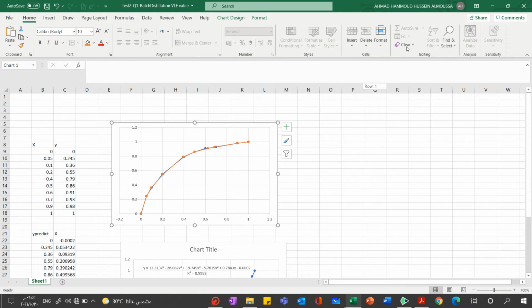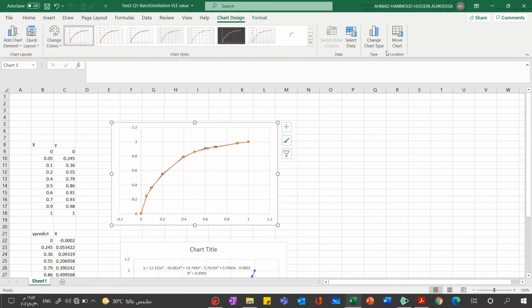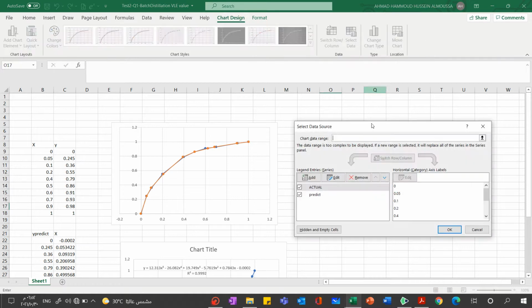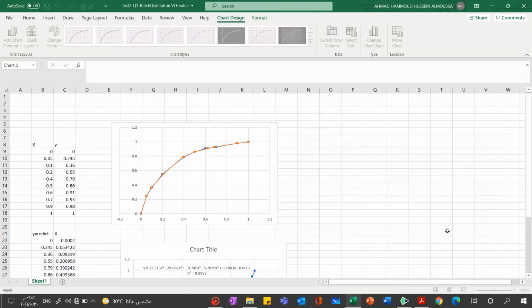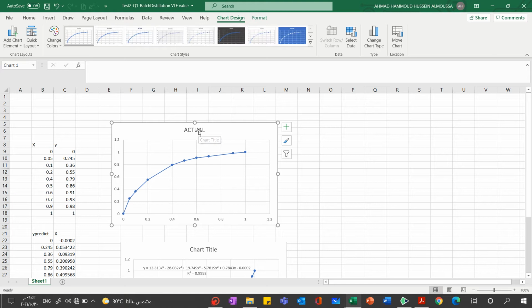Chart design, select data, predicted, let us hide it. Okay, now it's okay. This is the equilibrium line, the equilibrium values.